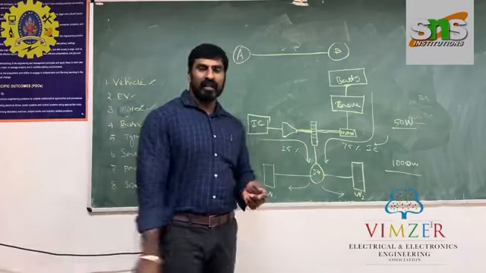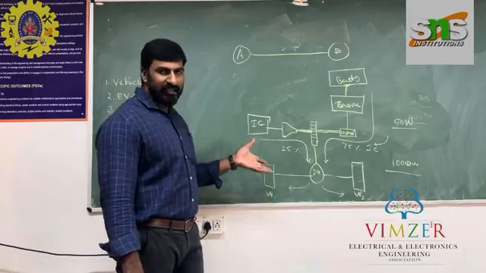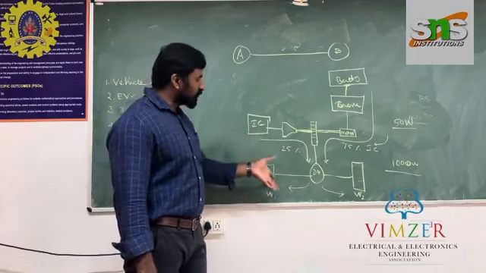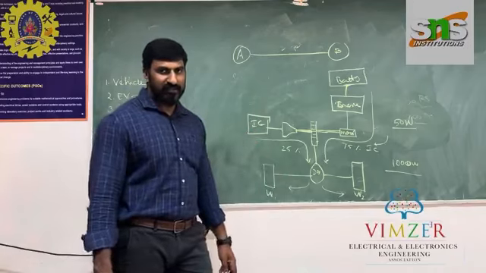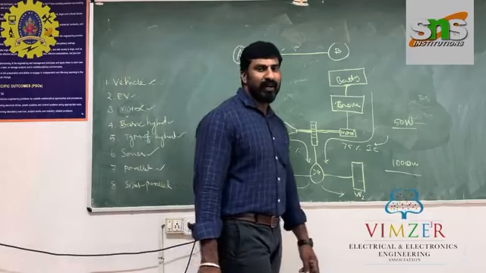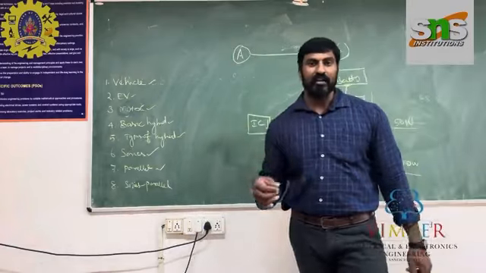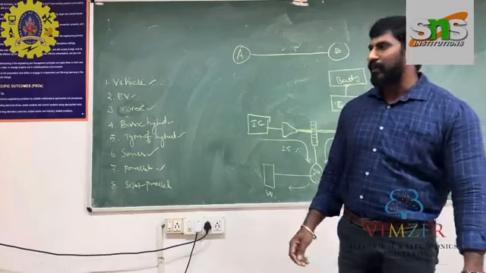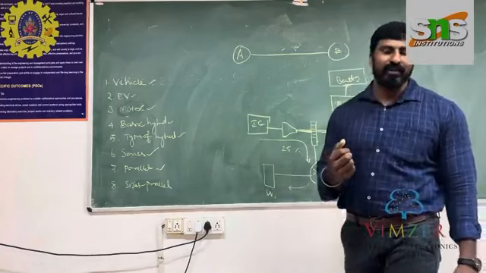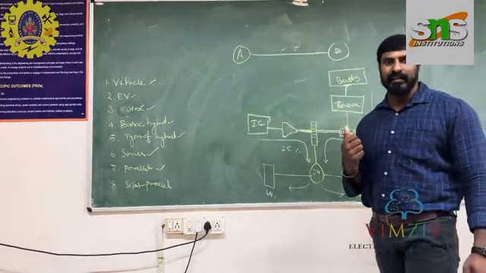So in this parallel hybrid system, at the same time, both can give power to the electric vehicle. So where are we using this parallel hybrid system? For example, all kinds of domestic vehicles and transportation vehicles need maximum power at a particular time period, for example initial conditions, traffic conditions, or hilly area conditions.